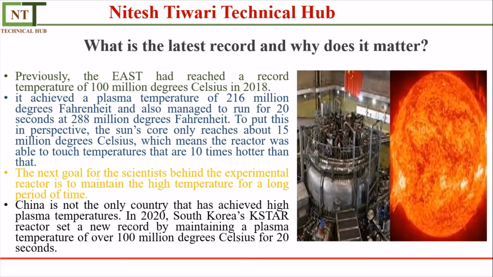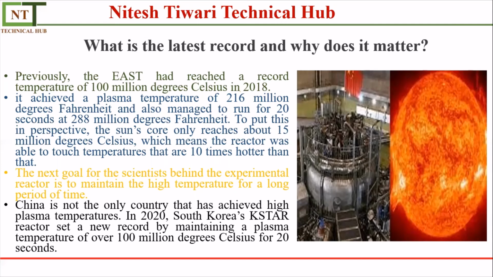The next goal for the scientists behind the experimental reactor is to maintain the high temperature for a long period of time. Previously, EAST had reached a record temperature of 100 million degrees Celsius in 2018. So this is a step in the right direction as far as China's green development is concerned.